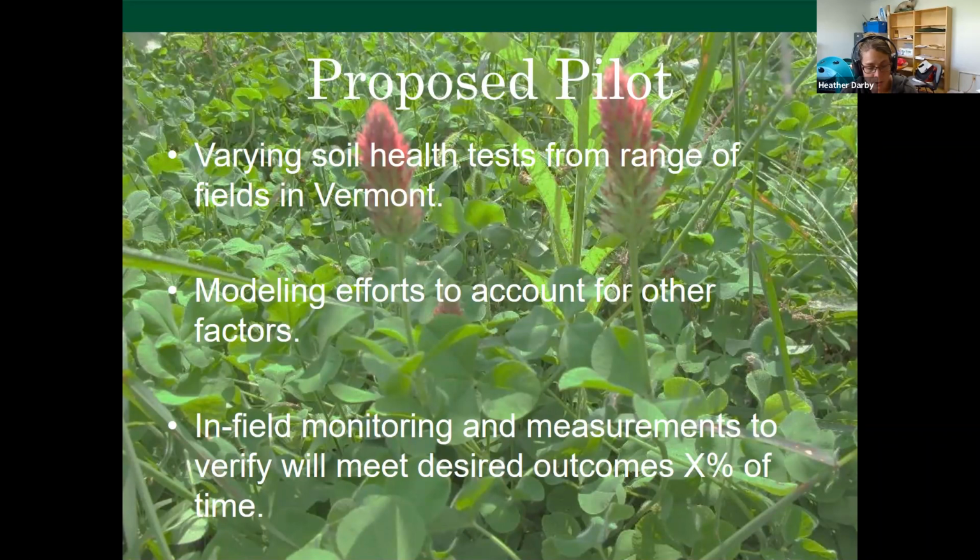Yeah, I guess I was thinking of lots of different components, right? So this is the expensive part, but we're assuming that we're going to pick very select places to do this, and that the measurements would be quite extensive. So there would probably be a component of in-field physical measurements, like we've heard a lot about the double ring infiltrometer, and edge of field monitoring and so on.